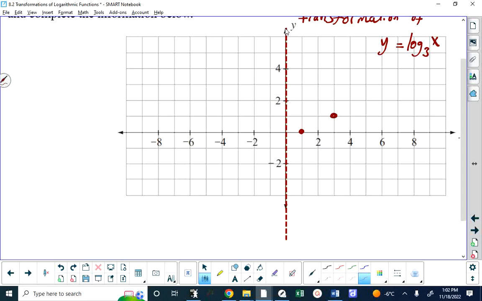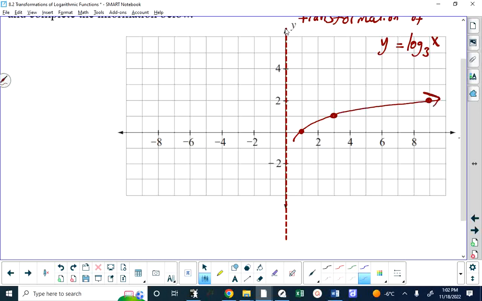If I go up 1 more for y, I triple. There is going to be a group of people who, if you don't have that now, you will very shortly. So this is what the function looks like. And by the way, this would be at 1/3, and I'm not going to worry about drawing that. So this is what the original function looks like.